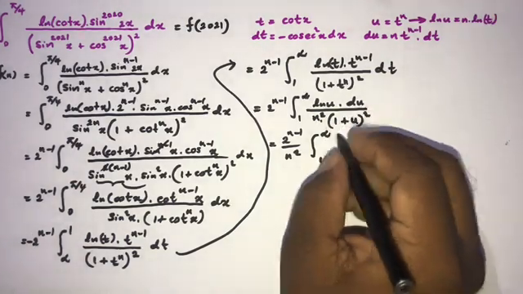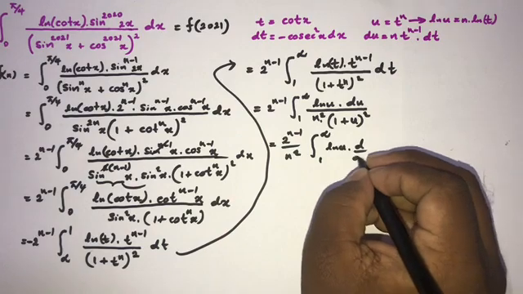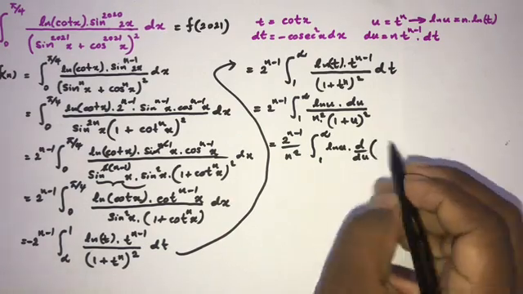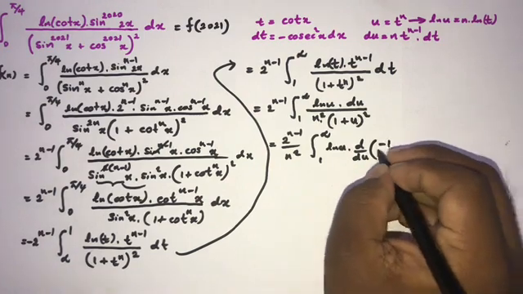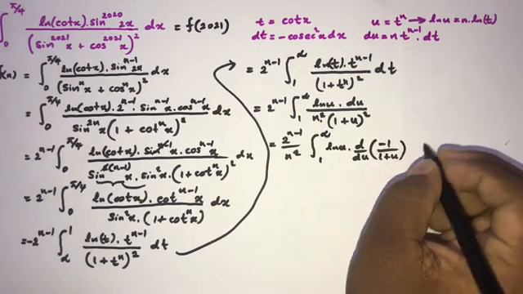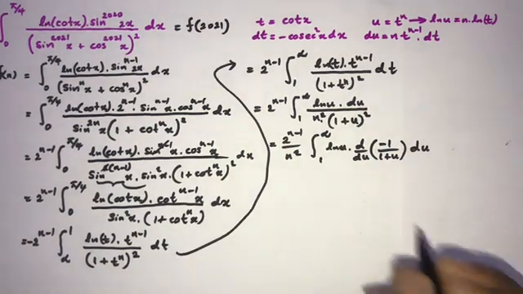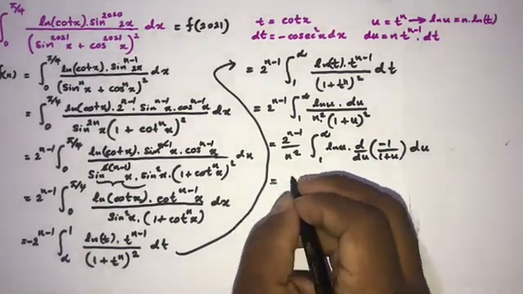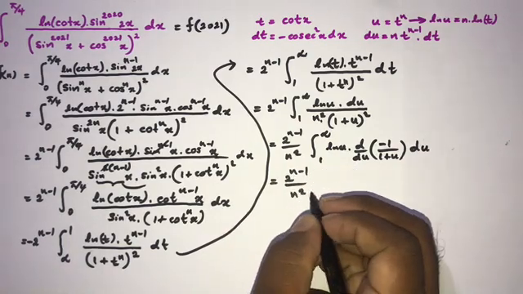I am going to take natural log of u as the first function, then d by du, then the integration of 1 over 1 plus u square, we know is minus 1 over 1 plus u, du. Then here 2 raised to the n minus 1 power over n square.